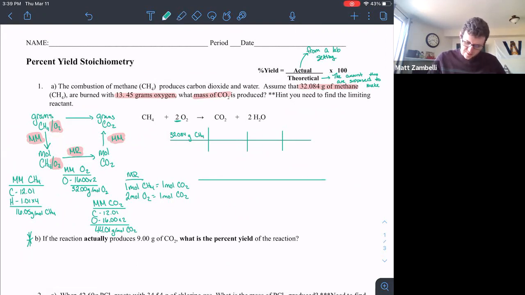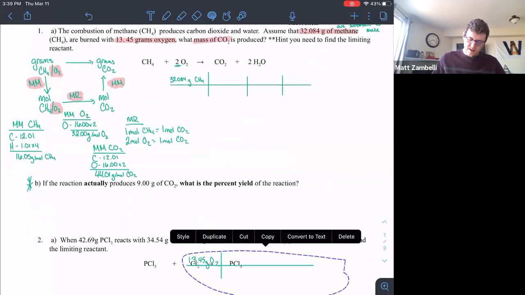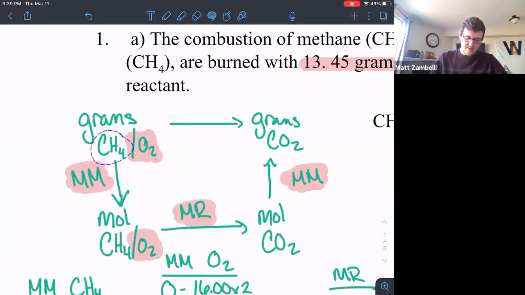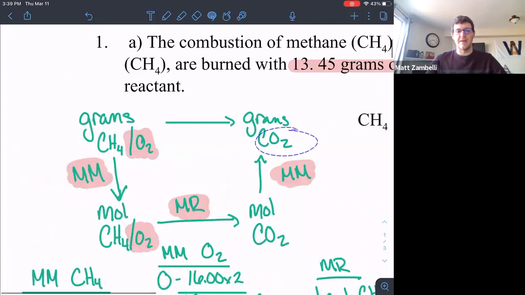That would be down here where we put the 13.45 grams of O2. But we're going to ignore that for now. We're only going to work with methane. And what units are we trying to get to? We're trying to go from methane to CO2. So what's my next step in going from methane to CO2?